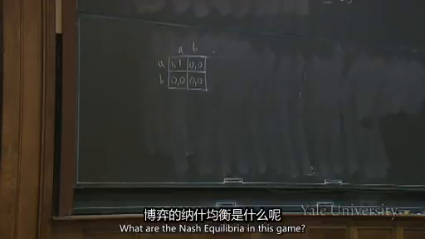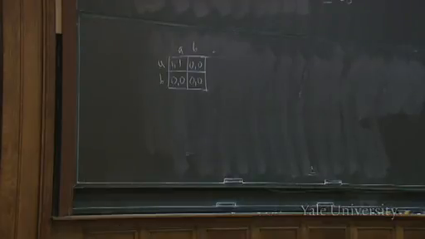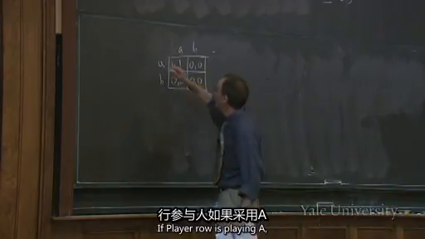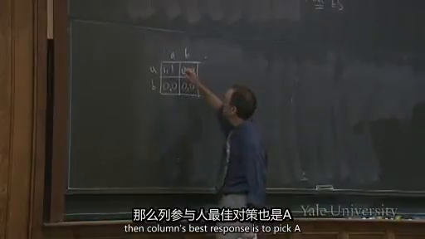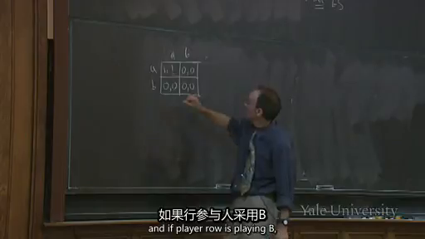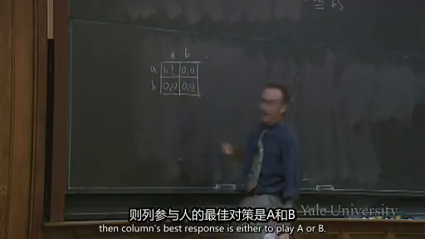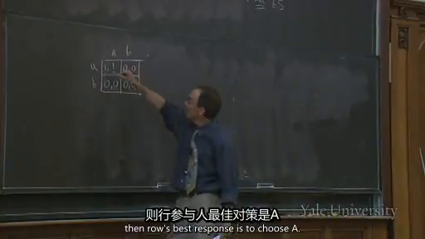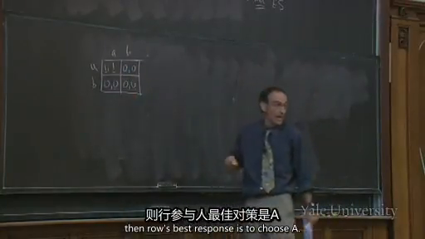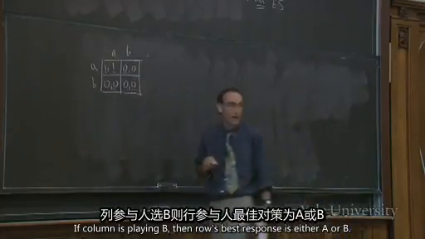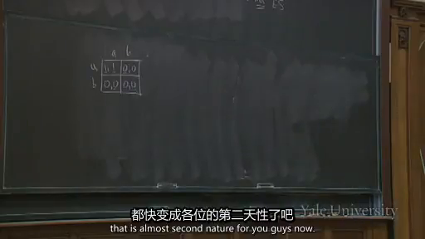All right, what are the Nash equilibria in this game? Well, let's go through slowly. If player row is playing A, then column's best response is to pick A. And if row is playing B, then column's best response is either to play A or B. If column is playing A, then row's best response is to choose A. If column is playing B, then row's best response is either A or B. This is an exercise that is almost second nature for you now.